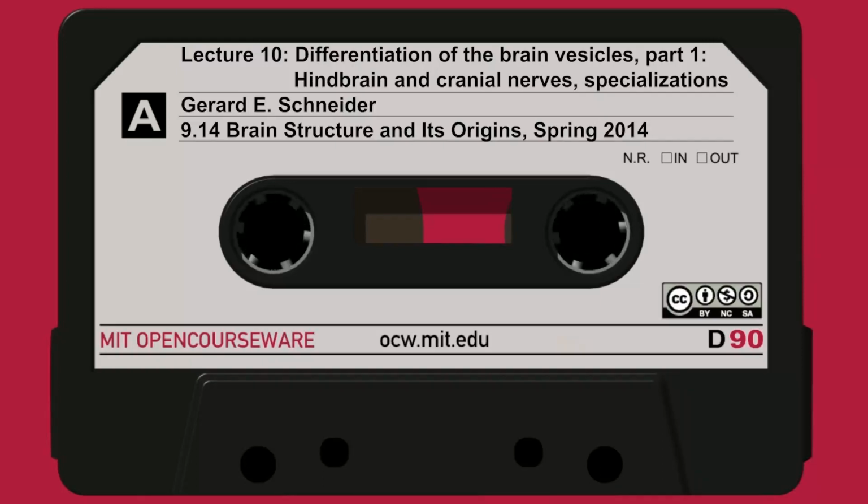When you look at the expression of transcription factors, including many of the Hox genes, they have an interesting pattern. Here's a little cartoon of the rhombomeres of the hindbrain, from rostral on the left to caudal on the right. If you look at the pattern of gene expression this way, it sort of looks like a barcode.